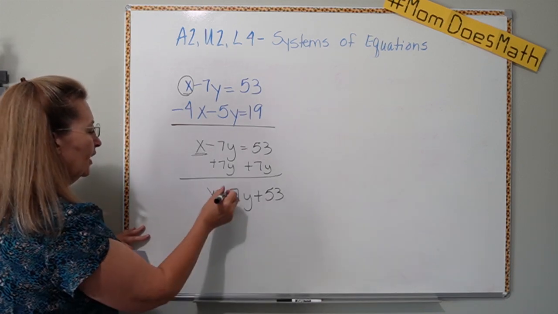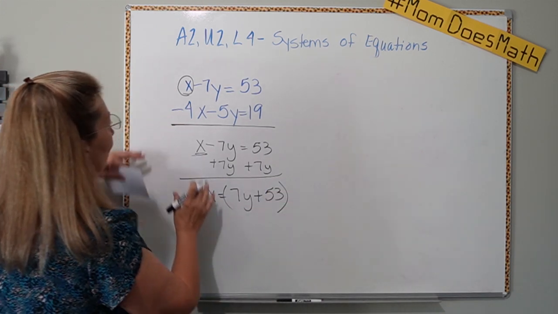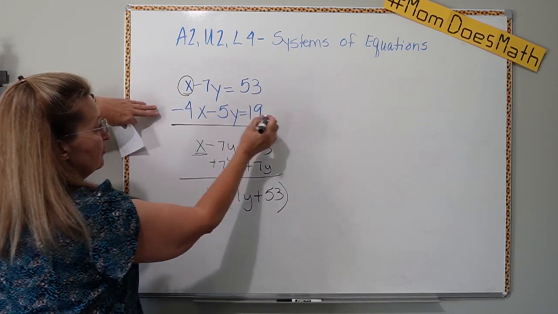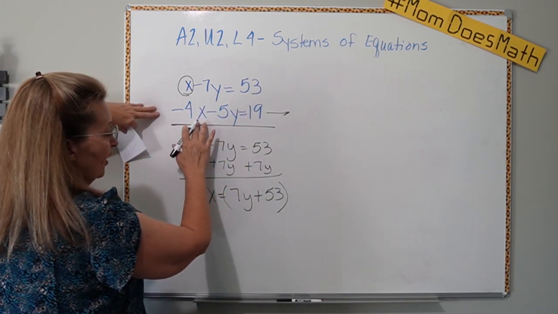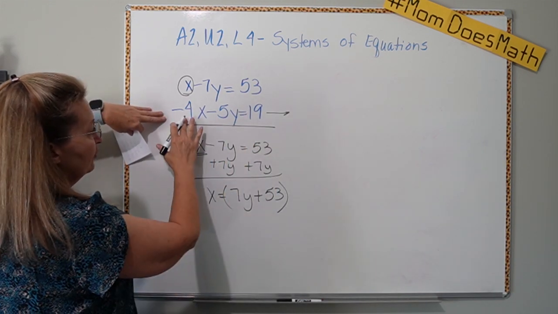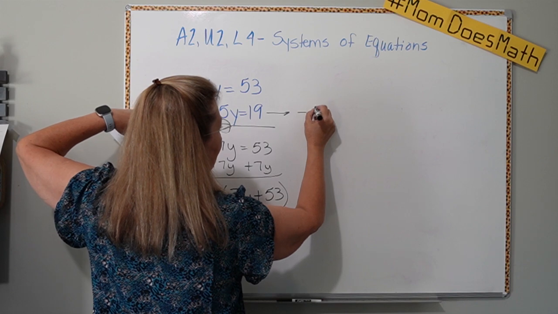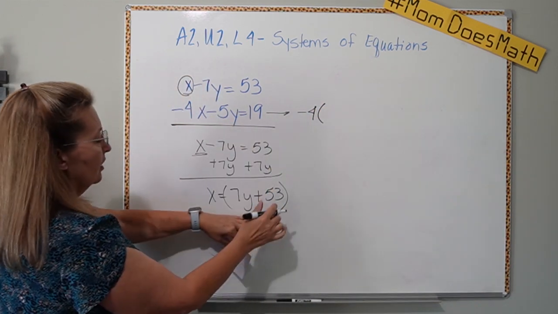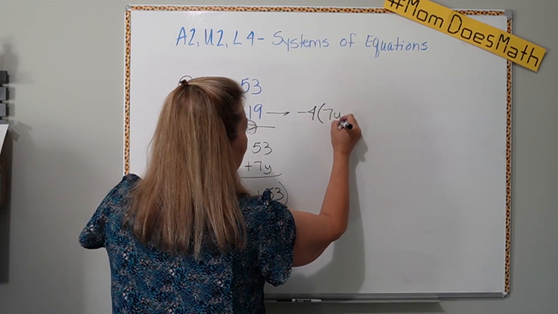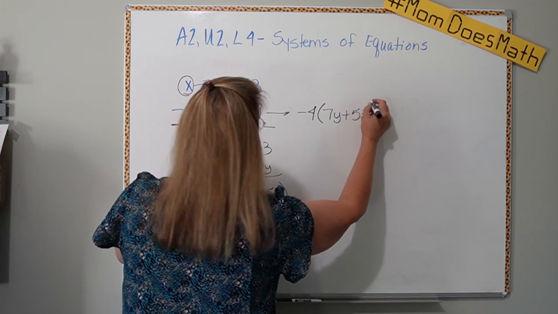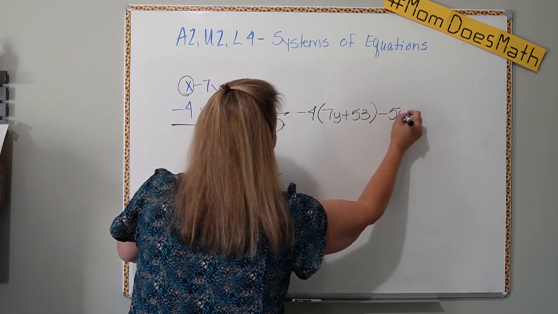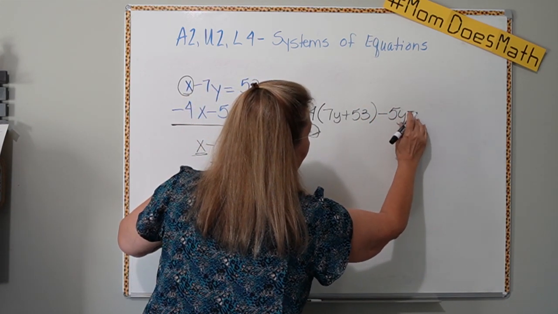All right, now we're going to take this value. We solved this equation. So now we're going to use this equation. We're going to substitute this in for x. So that's going to give us negative 4 times, all right, 7y plus 53 minus 5y equals 19.